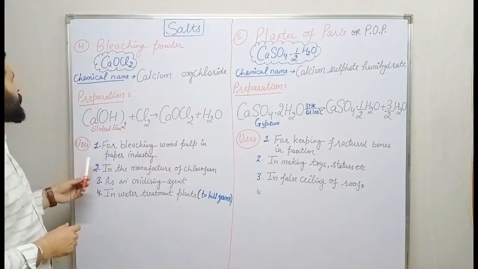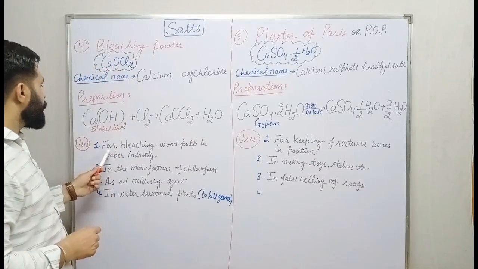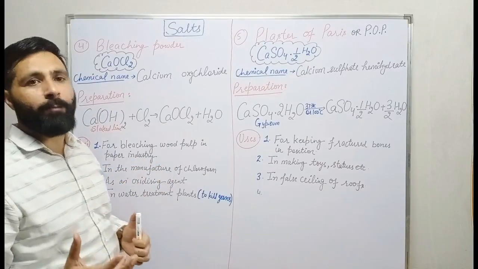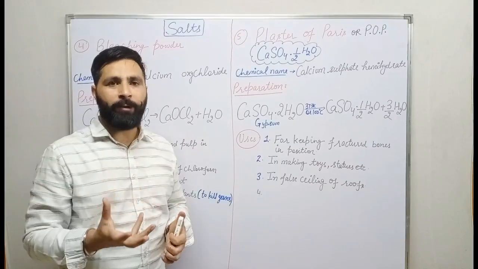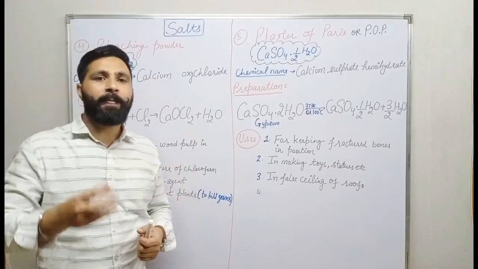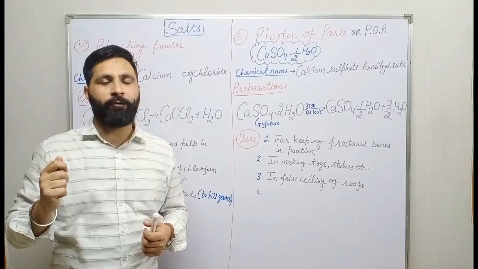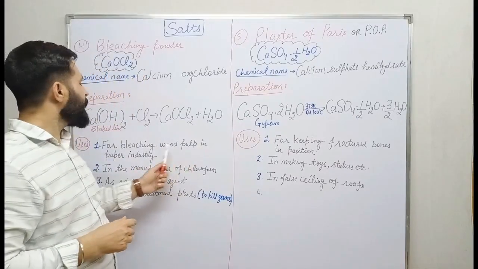So beta, what are the uses of bleaching powder? As the name suggests, bleaching. For bleaching wood pulp in paper industry. What is wood pulp? Like orange pulp, the outer part which you throw. Similarly, wood pulp is that brown colored outermost layer of wood. For making papers it is used.